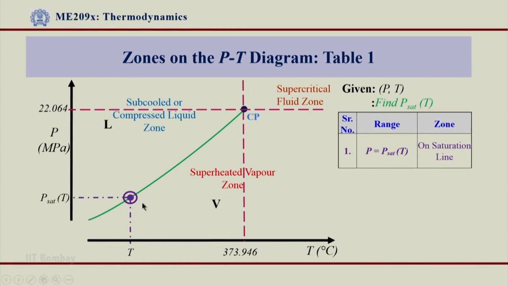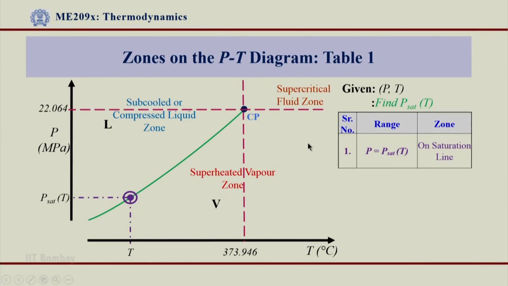The coordinates of this state will be Psat(T) and Tsat(P). Therefore, if P is equal to Psat(T), the state lies on the saturation line. So, this state of any thermodynamic system lies on the LV line. It could be a saturated liquid, saturated vapor, or a two-phase mixture in equilibrium. As soon as we know the temperature, find Psat(T), and compare, we come to the conclusion that it lies on the saturation line.